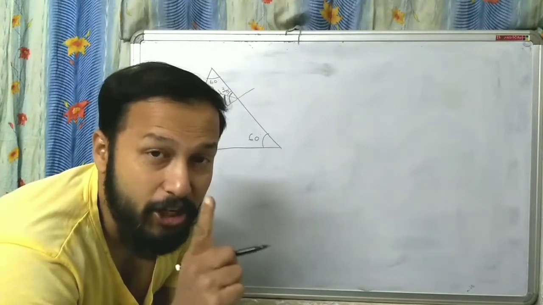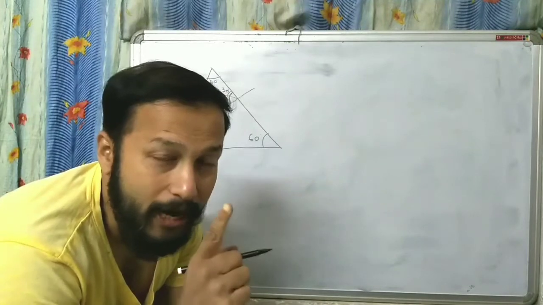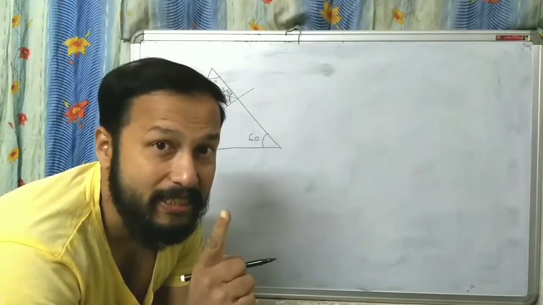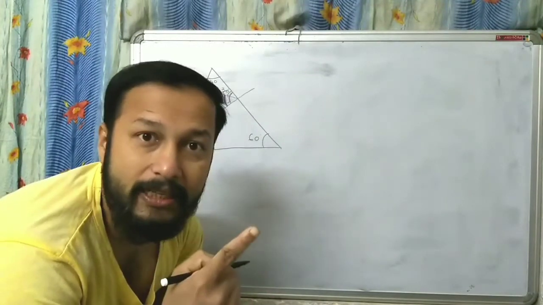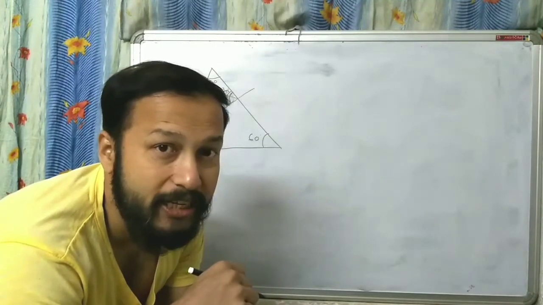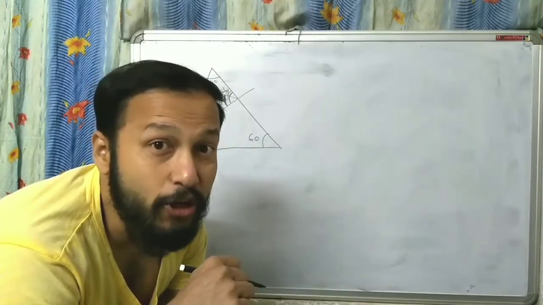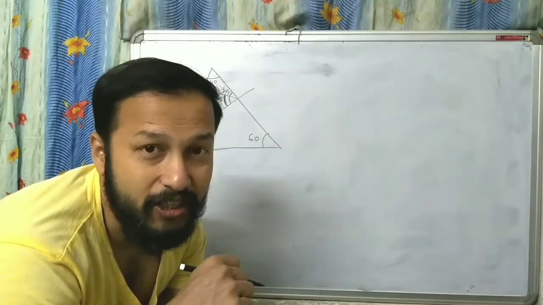From the definition of total internal reflection, we know that if the angle of incidence is more than the critical angle, then it will suffer total internal reflection.